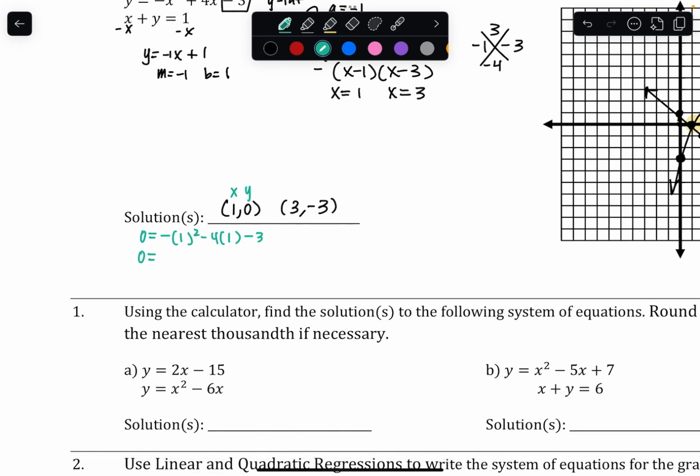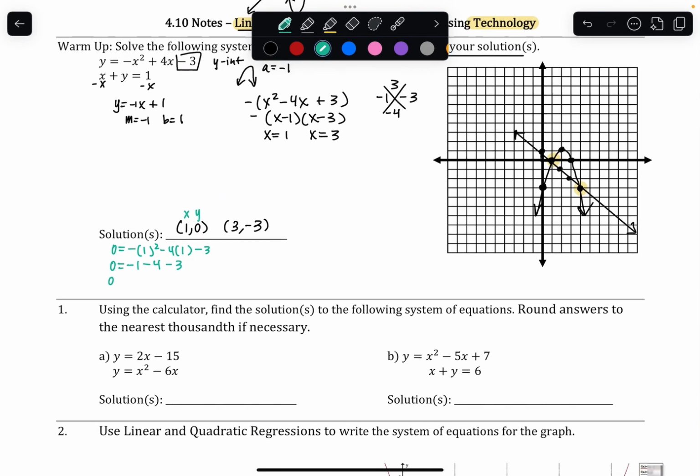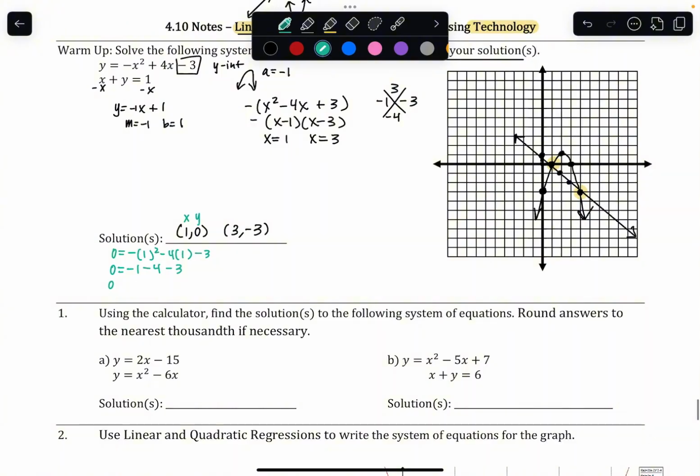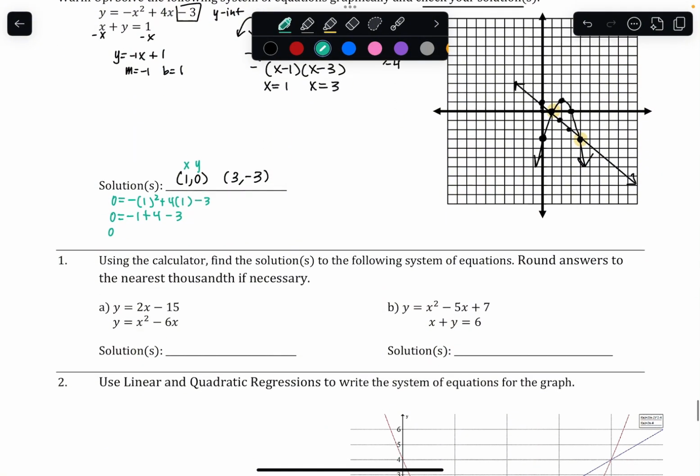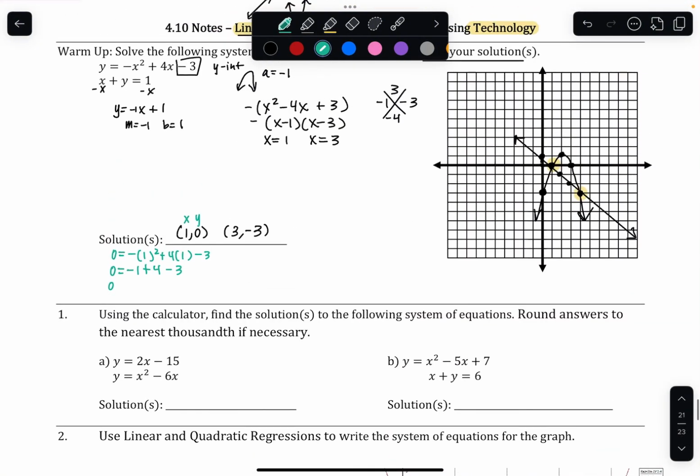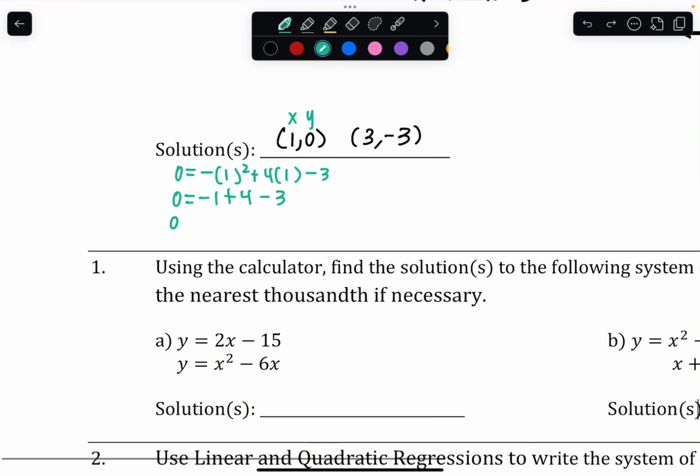That would give us negative 1 minus 4 minus 3. Negative 1 plus 4, sorry. Negative 1 plus 4. That's the original equation. And so 0 equals 3 minus 3. 0 equals 0. It satisfies the quadratic equation.